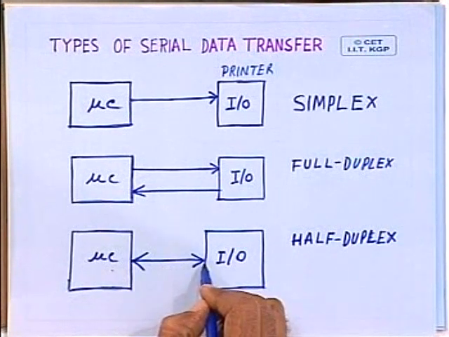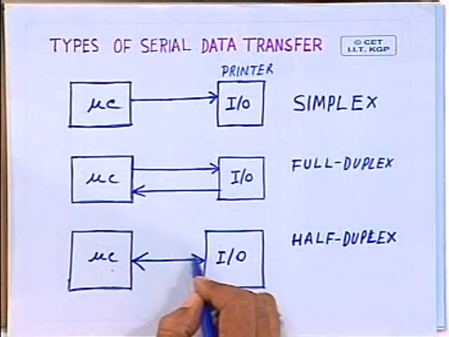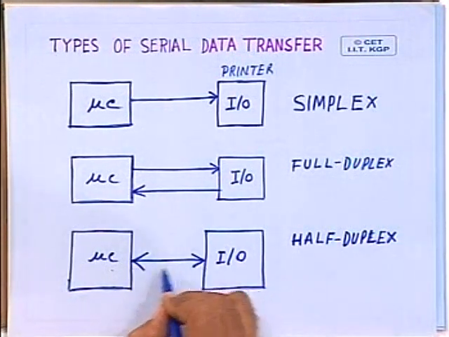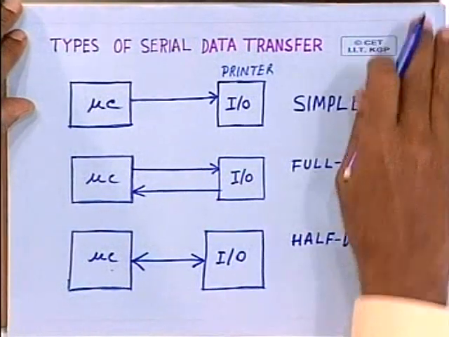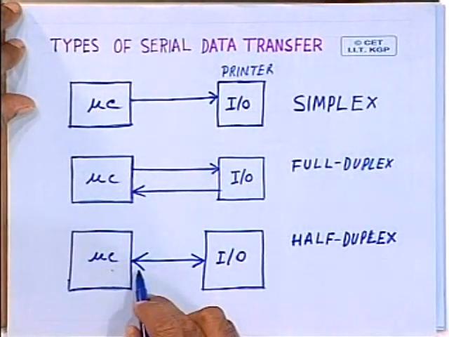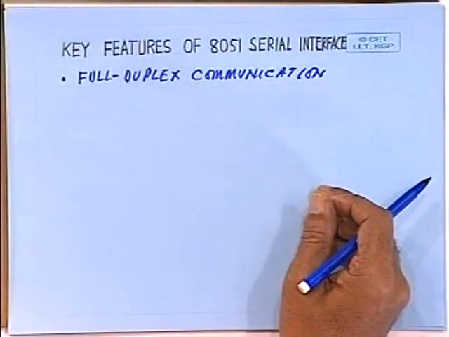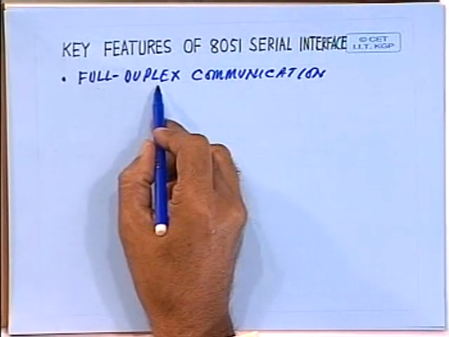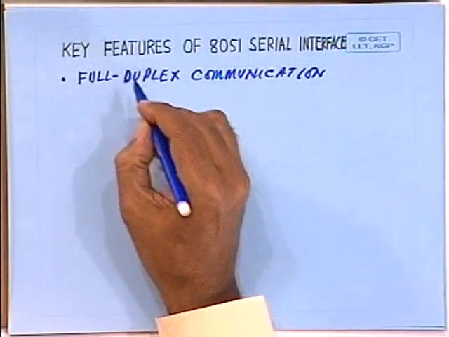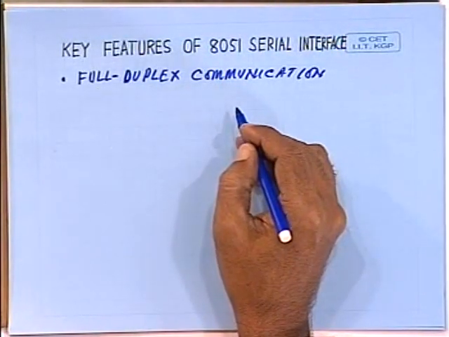Obviously, you cannot do the communication simultaneously, and you have to use a suitable protocol so that the communication can be done properly in both directions, one after the other. So this is one important feature: it supports full duplex as well as half duplex communication.